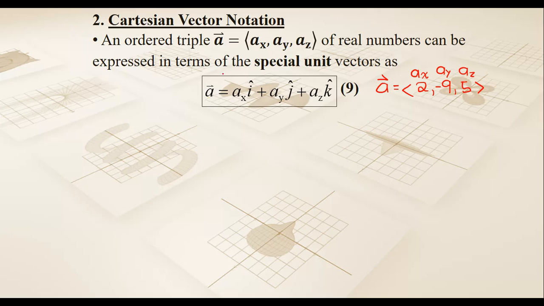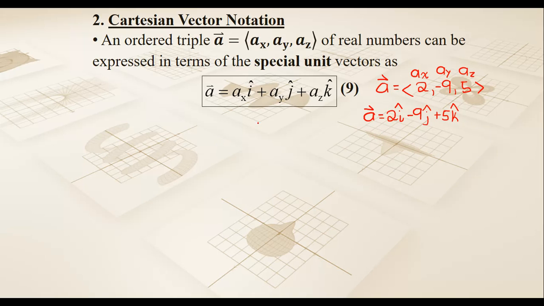If I wrote it in the Cartesian vector notation, it would look like A is equal to 2i minus 9j plus 5k.